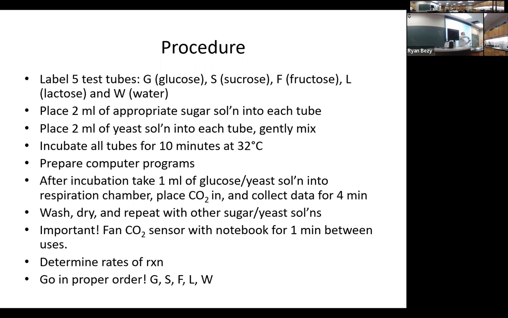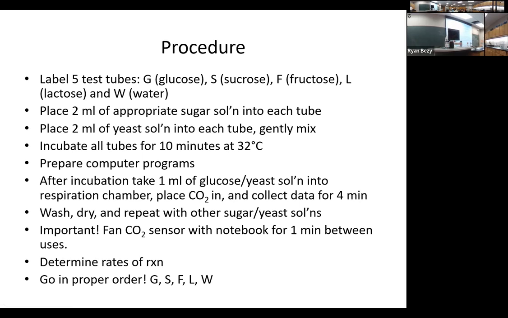But don't dump the entire thing into the Nalgene bottles. You're going to take out 1 mil of your sugar yeast solution that had been incubating for 10 minutes, put it into the Nalgene bottle, put the CO2 sensor in, take the readings, okay? And then determine the rate of reaction, similar to what you have been doing.